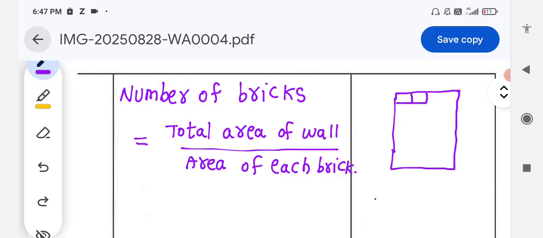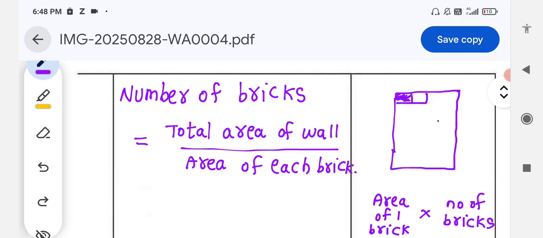If you take the area of one single brick and you multiply it with the number of bricks, what do you get? You're going to get the total area of the wall.